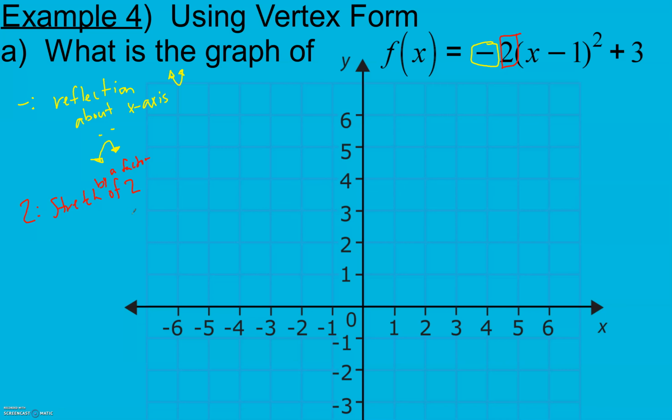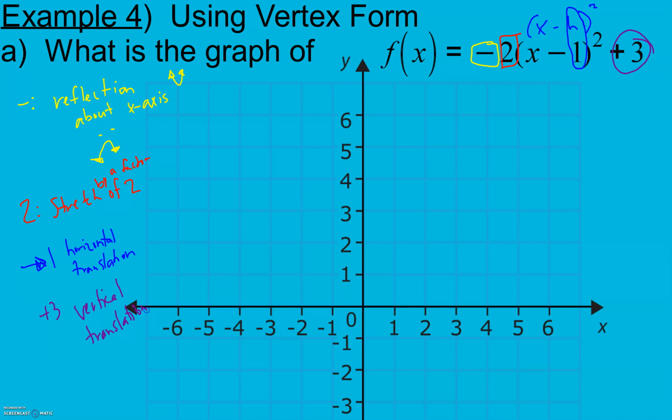It's going to change my heights to be twice as far. On the inside, remember it's x minus h squared. So my h value is a 1. I'm going to go right 1. And this is a horizontal translation. And my plus 3 on the end means I'm going to have a vertical translation.